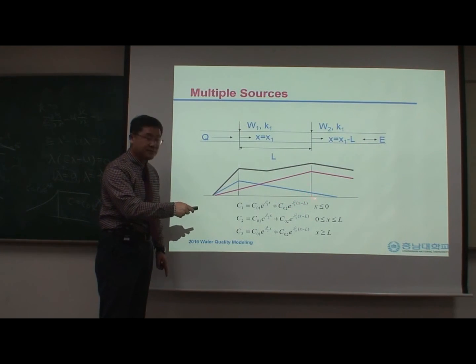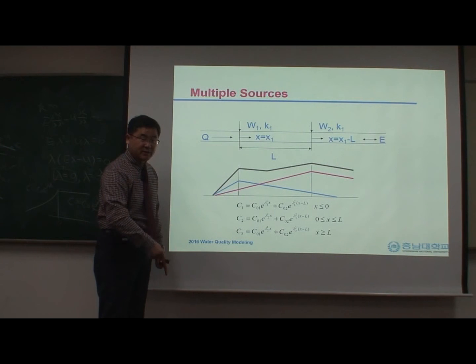Then this is 0 too. So from here, you have distance x minus L. This must be the distance from there. And we have the same situation for the minus case.